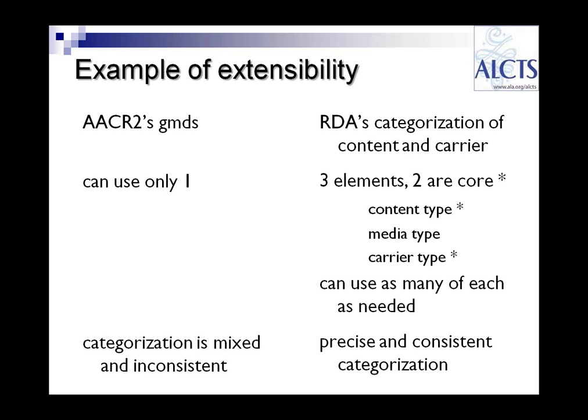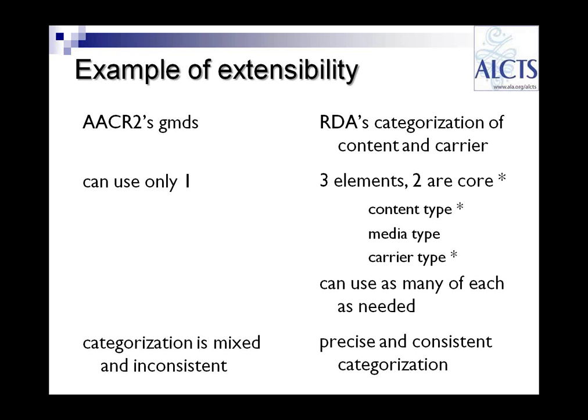Now, in AACR2, you could basically use only one GMD. And the categorization of the GMDs was a bit problematic because it was mixed and inconsistent. So, for example, you have a GMD such as cartographic material, which really is talking more about content, and then you have another one such as microform, which is really talking about carrier.